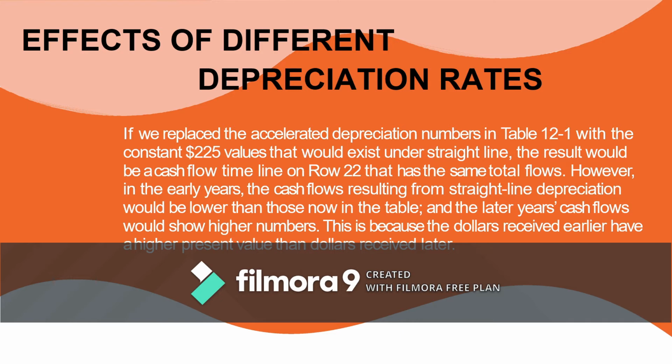However, in the early years, the cash flows resulting from straight line depreciation would be lower than those now in the table, and the later years' cash flow would show higher numbers. This is because the dollars received earlier have a higher present value than dollars received later.